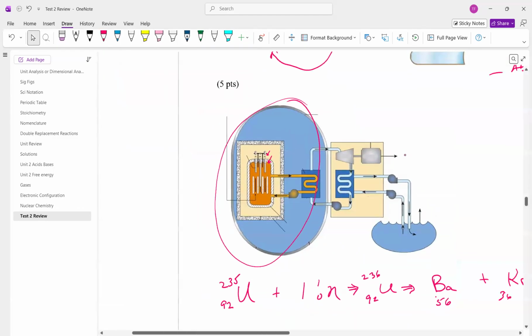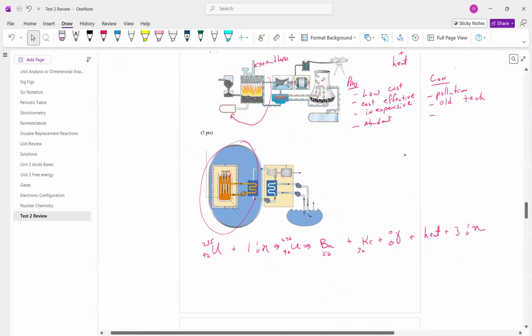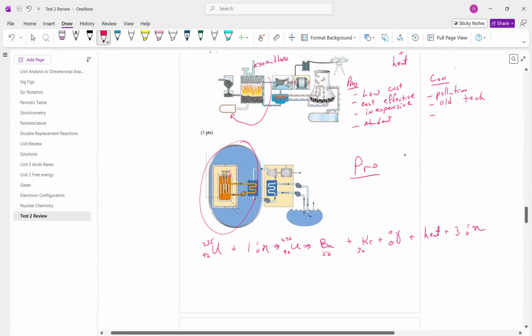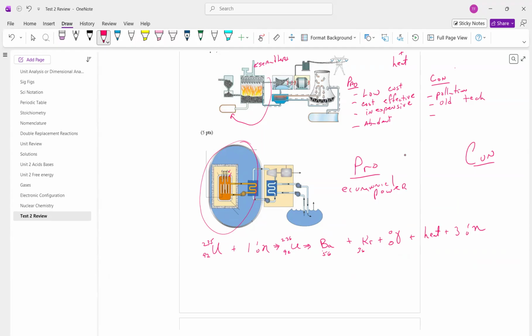Okay. So pros. What's a pro? Yes, cheap power. And it's getting cheaper all the time.